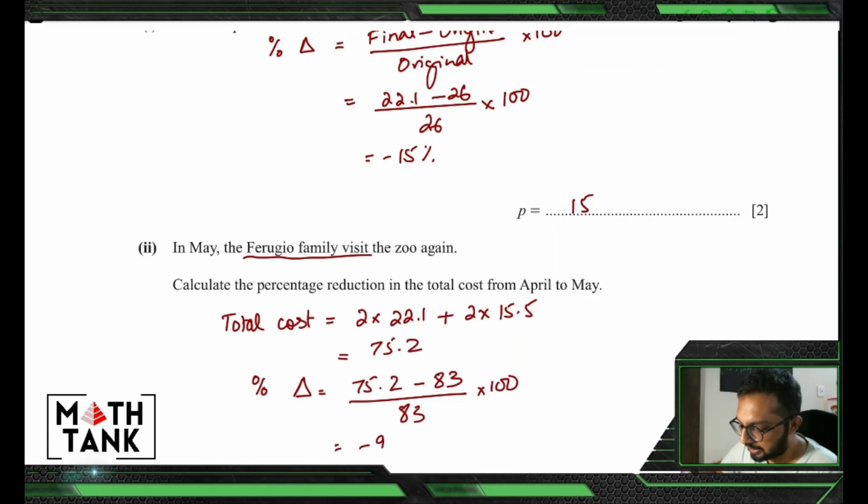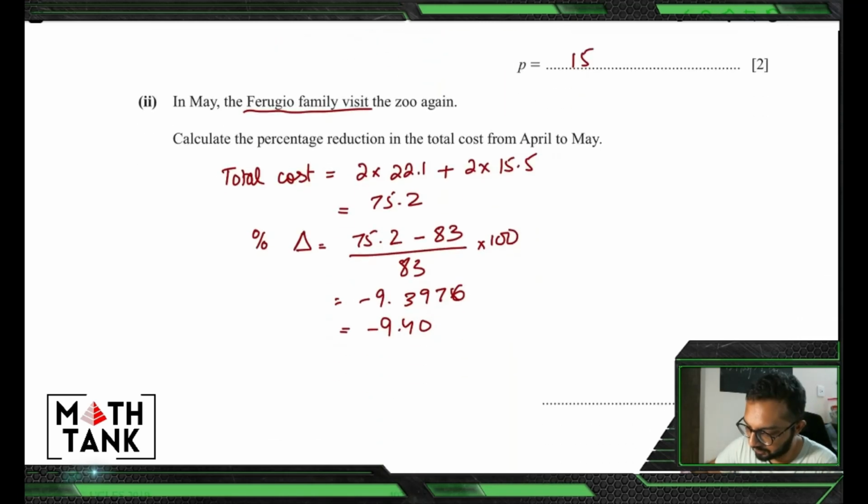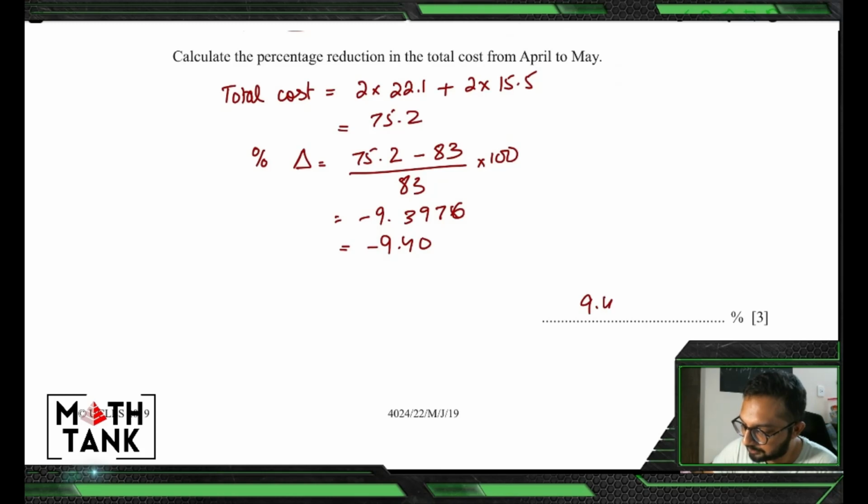And that's giving me minus 9.3976. So if I round it off to 3 significant figures, it gives me minus 9.40, and that should be 9.40.